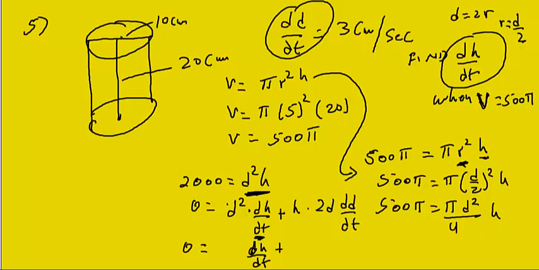Now, the volume has to be constant, but the height is changing. I know what my dD/dt is. What's my dD/dt? That's 3. So I still have 2h and d and a d squared that I need to worry about.